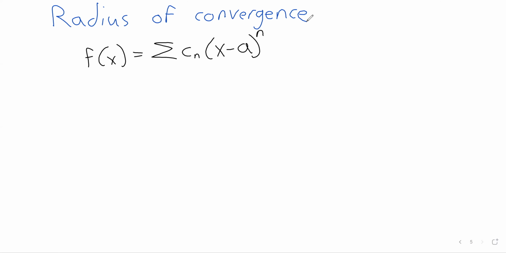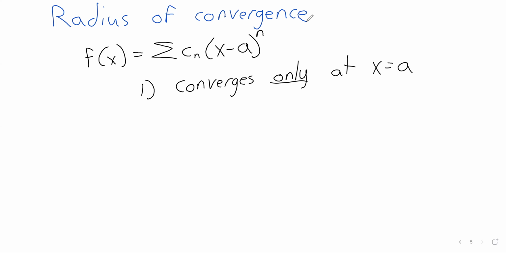There are only 3 possibilities. It might converge at a single point. It will always converge at x equals a, because if we let x be a, x minus a is 0, so all our terms are 0.